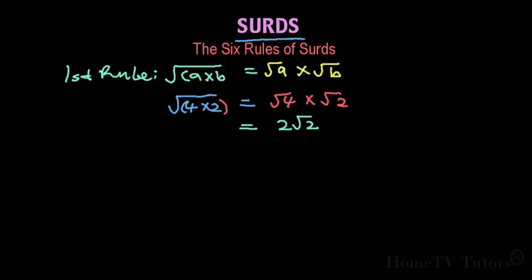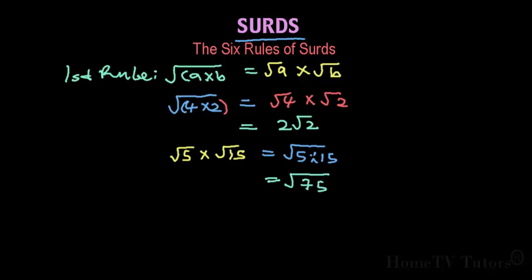So now suppose we are given square root 5 times square root 15. At first glance, this cannot be simplified, but we can rewrite the expression as the square root of 5 times 15, which gives us 75.